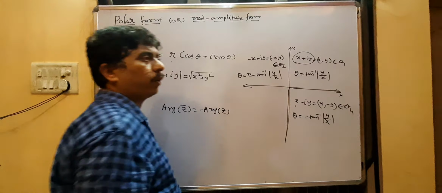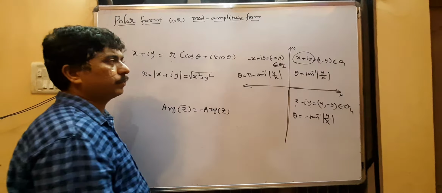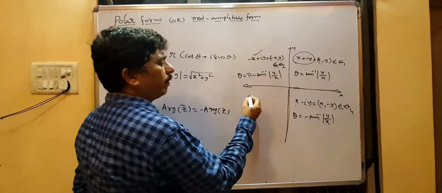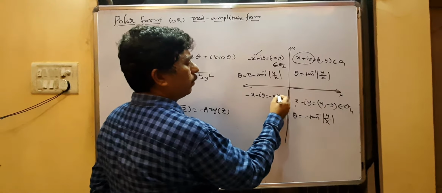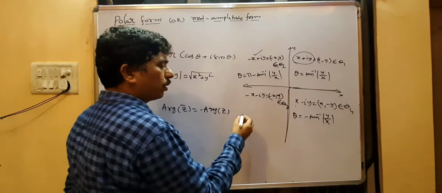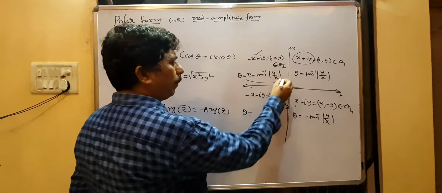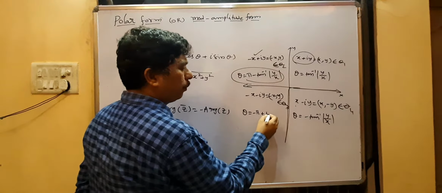The conjugate of that is minus x minus iy, that is minus x comma minus y, which belongs to the third quadrant. In the third quadrant, theta is minus pi plus tan inverse of mod y by x.